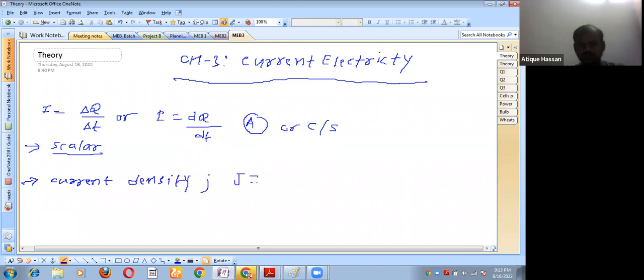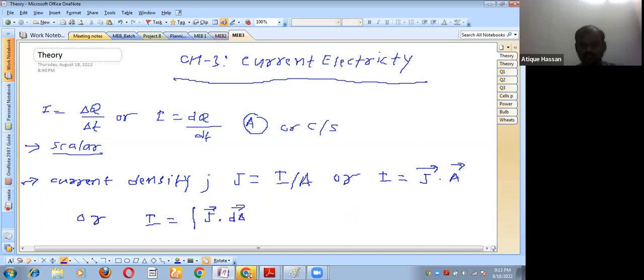We know that J is equal to I by A, or you can also write it like J is a vector, I is equal to J dot A, or sometimes we also write it as I is equal to J dot E. So when there is an angle between current density and the area vector, then we write the dot product.